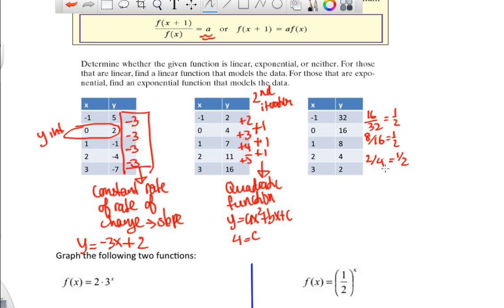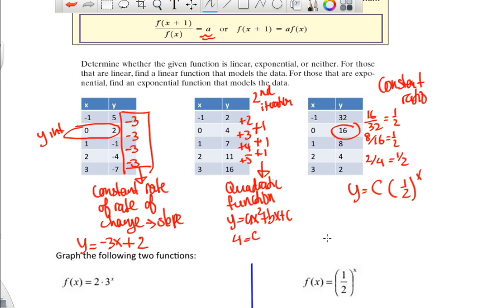So that's called a constant ratio, right? If we have a constant ratio, then we know it's exponential, and this is actually the base. So right now, I know that I have c, and I have a base of a half, and then I have an x.